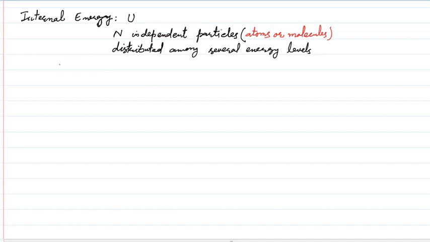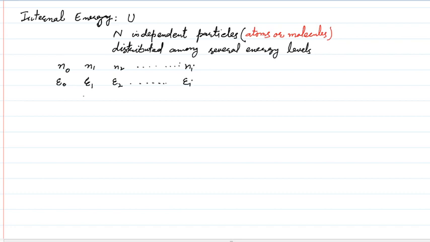Suppose the number of particles n0 is in energy E0, similarly n1 in E1, n2 in E2, and so on up to Ni, and similarly for energy it will be simply Ei.